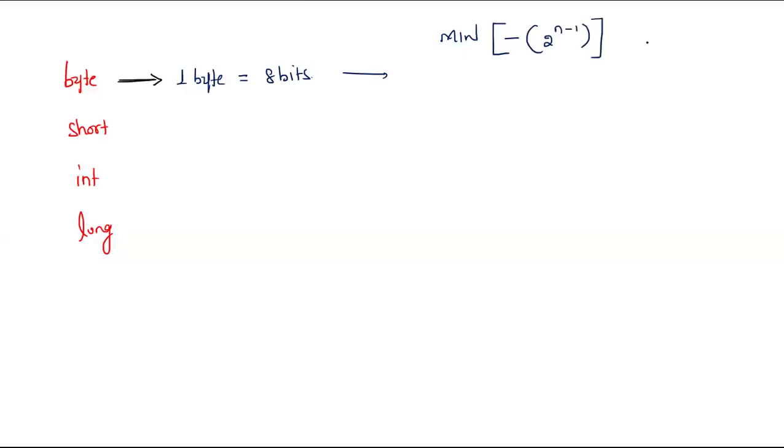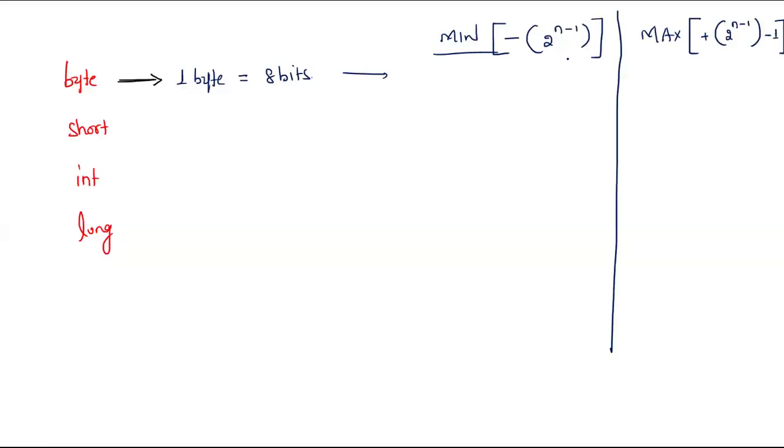This is the minimum value. What's the maximum value? The maximum value is positive 2 to the power of n minus 1, then from this entire result, subtract one. By using this, we can get the minimum and maximum. I'll explain only the first one, then through Eclipse I'll show you all 4.